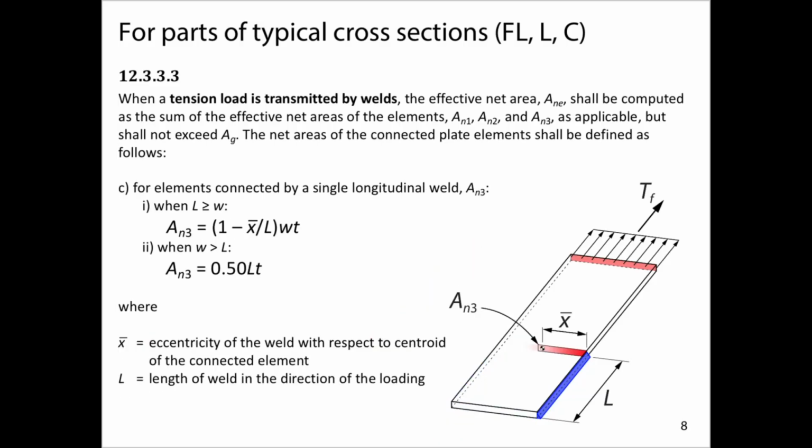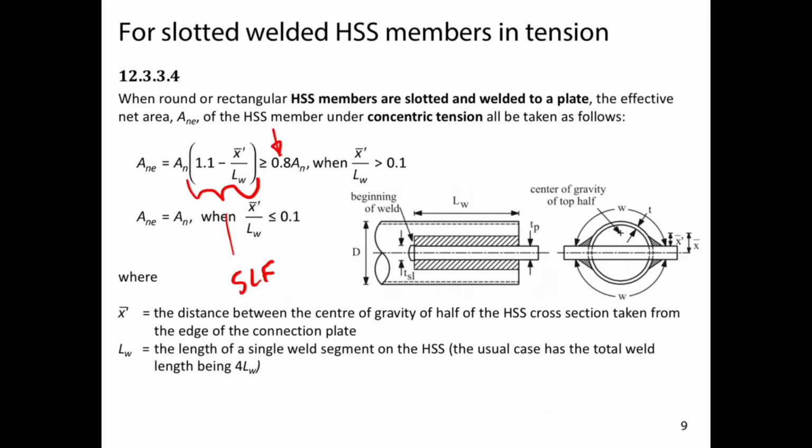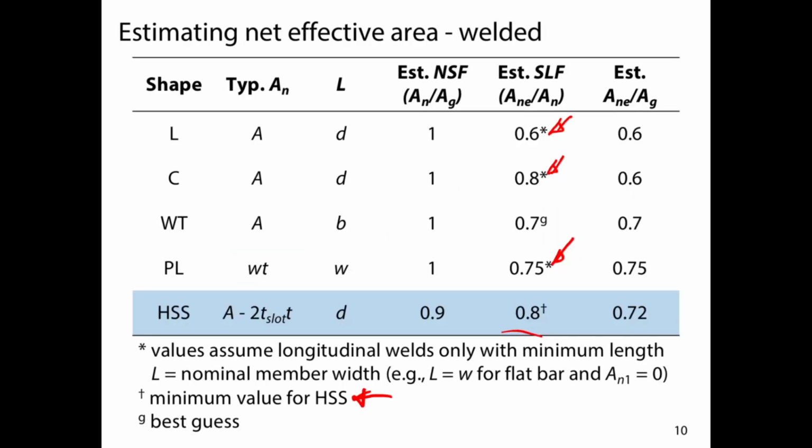For a single weld, we might be dealing with 50% of the area if L is equal to W. That's an assumption. And for HSS sections, we remove a little bit of section, and then we take the 0.8 factor here as the minimum shear lag factor. And we arrive at a similar table, but the factors are slightly different. Does anyone have any questions about what went into this table before we continue on? Are there any questions about what this table means for us before we continue on?